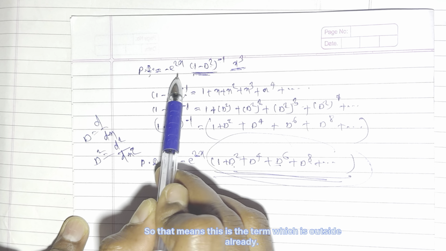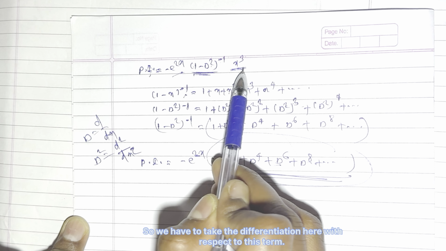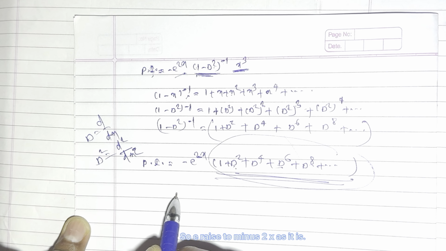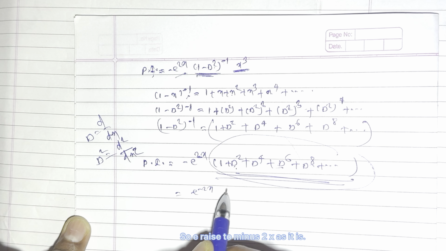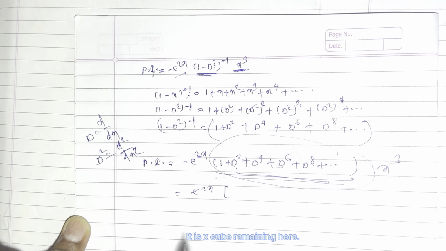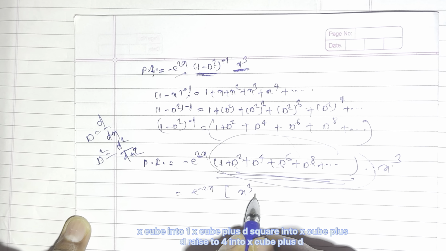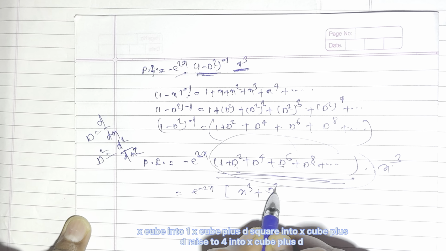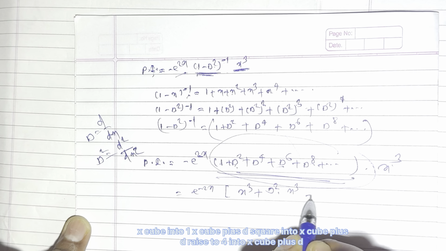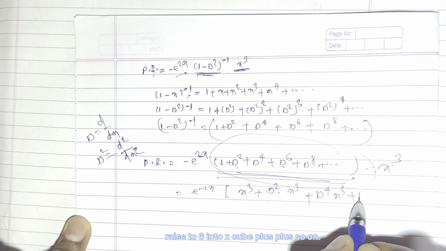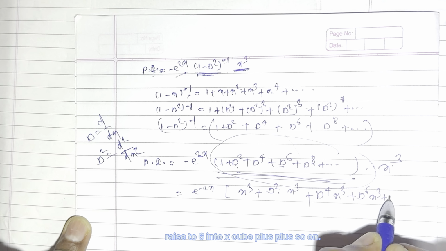So this is a term which is outside already, so we have to take the differentiation with respect to this term. Keep e raised to minus 2x as it is, and take x cube under the bracket. So x cube into 1, x cube plus d square into x cube plus d raised to 4 into x cube plus d raised to 6 into x cube plus so on.